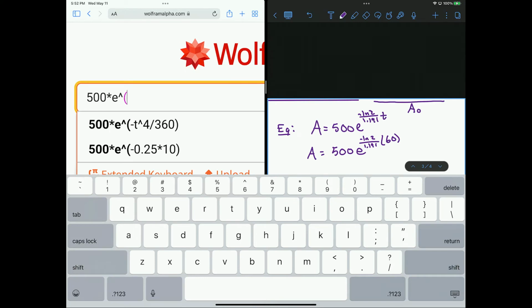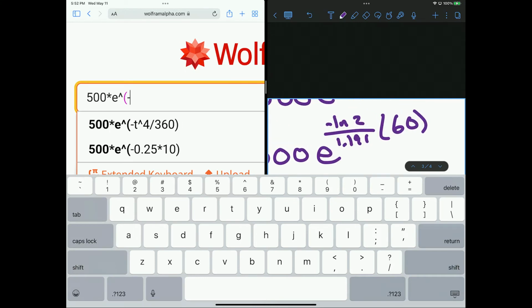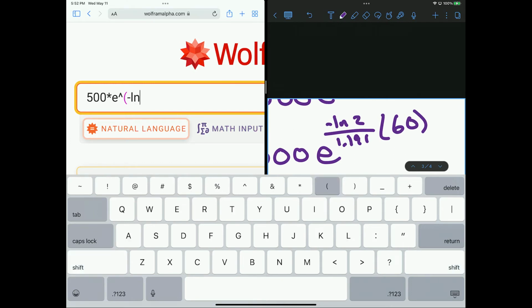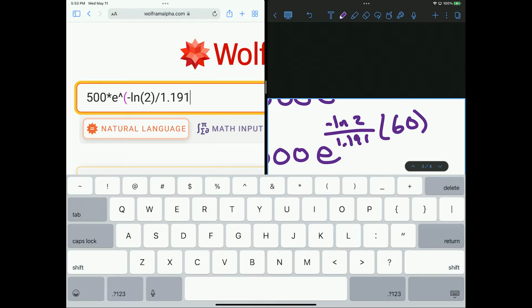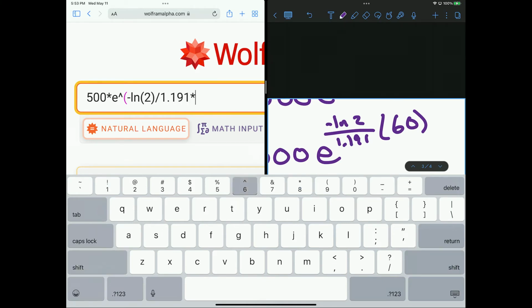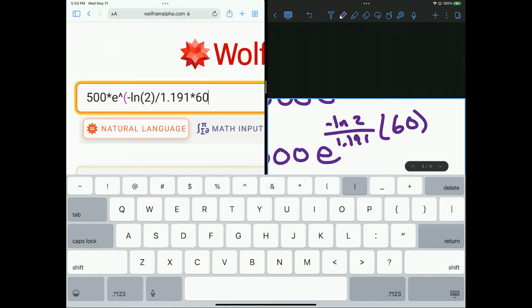Inside the e, I have negative ln 2 divided by 1.191 times 60. All of that is in the numerator.